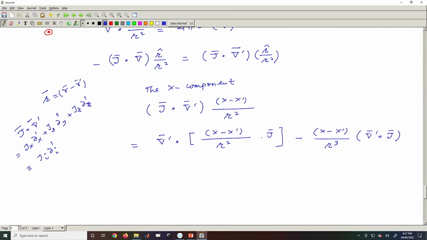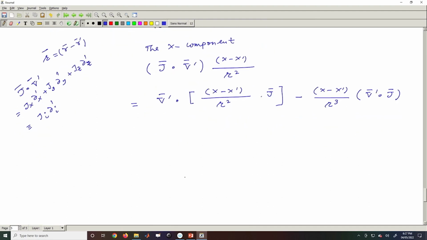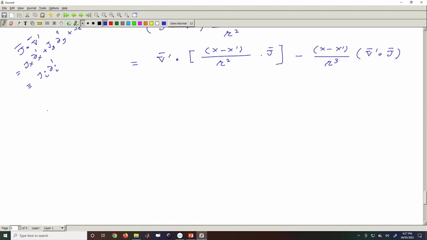So just exploiting the vector identity, and how this operator looks, I also write in the left hand side. Please check it by doing this once.